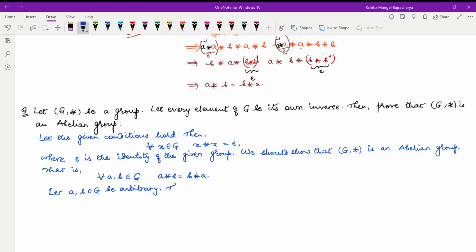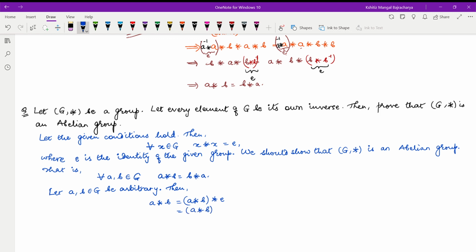Then let's start with the left hand side. Let's write A star B as A star B star the identity element. So A star B is as it is.